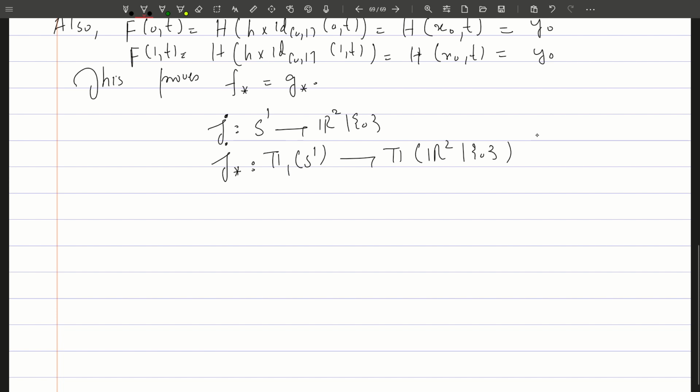Now this map is not just injective, it is surjective as well. So more generally we have the following lemma. So this homomorphism is an isomorphism.